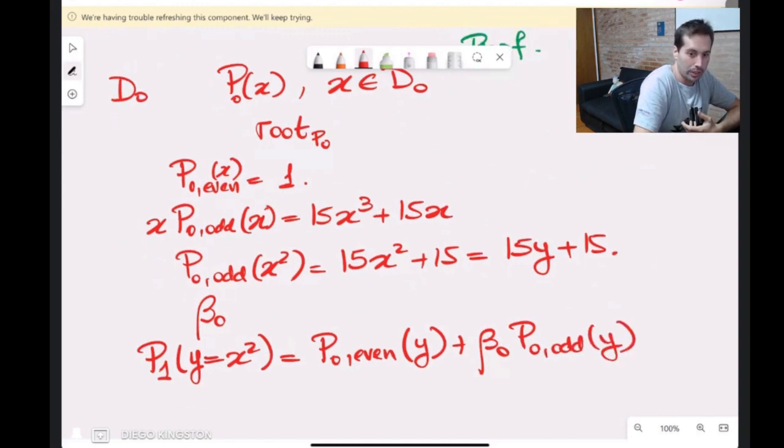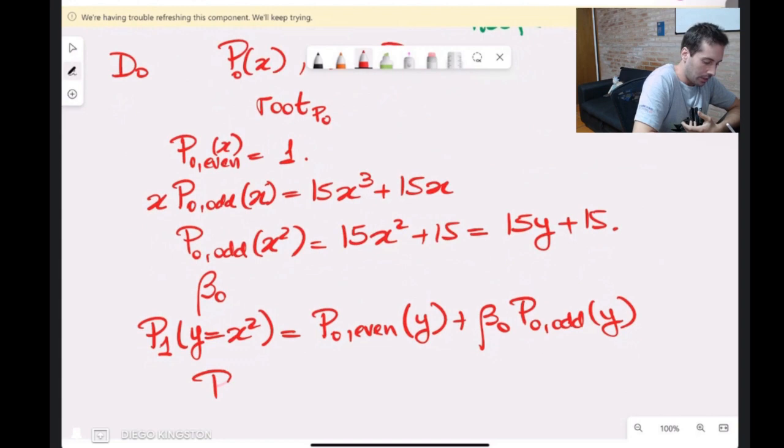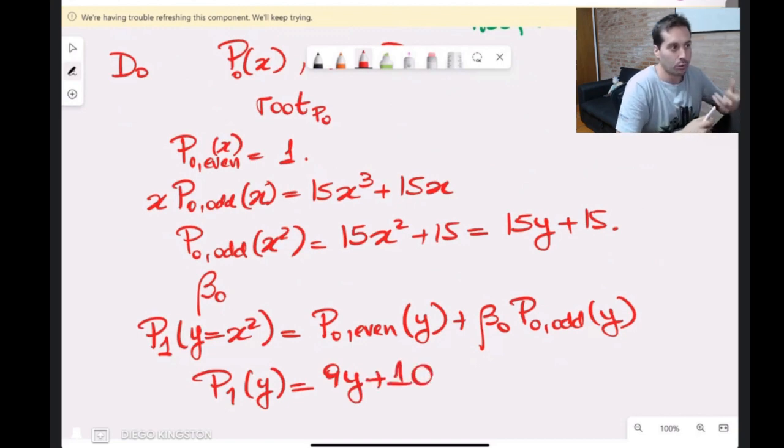And so if we do this calculation, P1 of y is simply 9y plus 10. And so what we see is that we divided by 2 the original degree of the polynomial. And so we can now repeat this process again and again until we reach a constant polynomial.